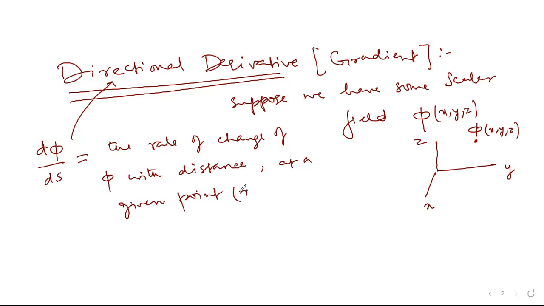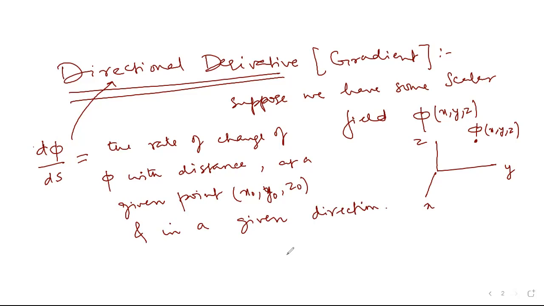That point can be, for example, x naught, y naught, z naught, and in a given direction, right?